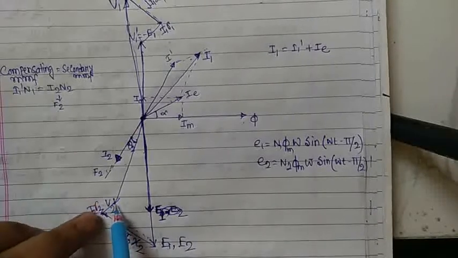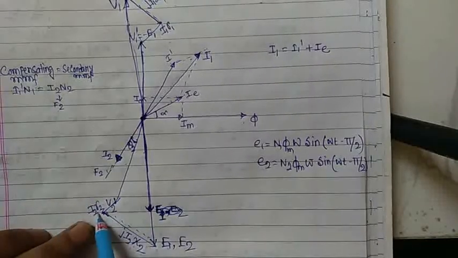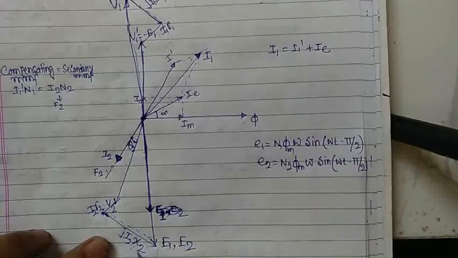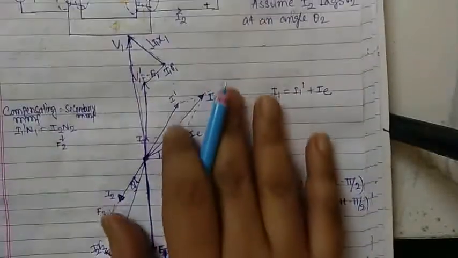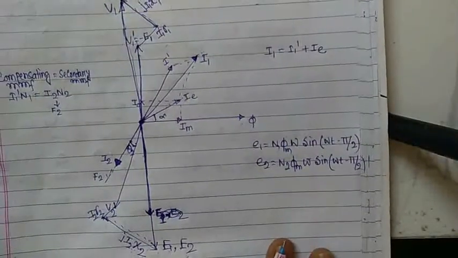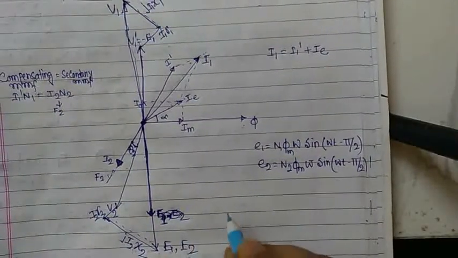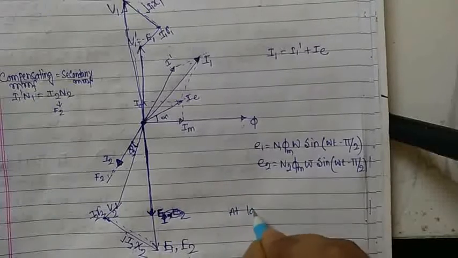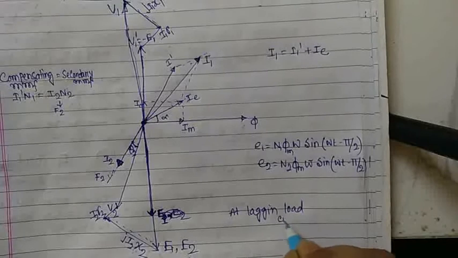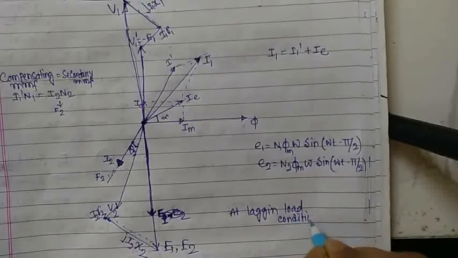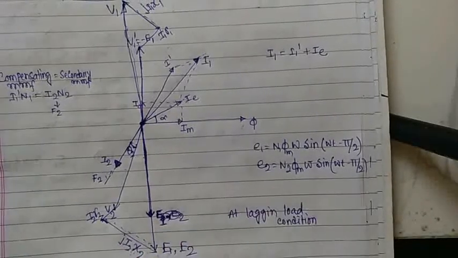So the phasor sum of V2 plus I2 R2 plus j I2 X2 gives the induced EMF E2. So this is the phasor diagram of the transformer at lagging load condition, or inductive load.